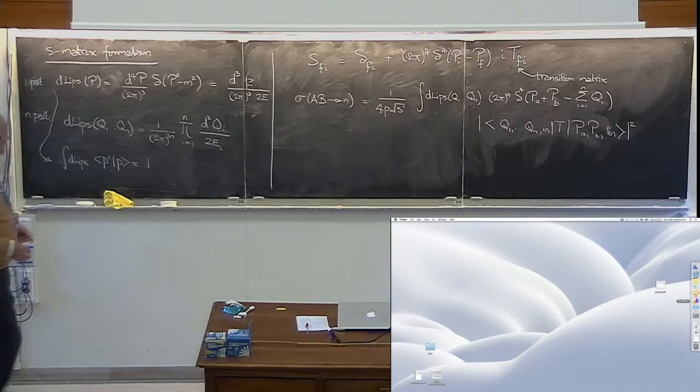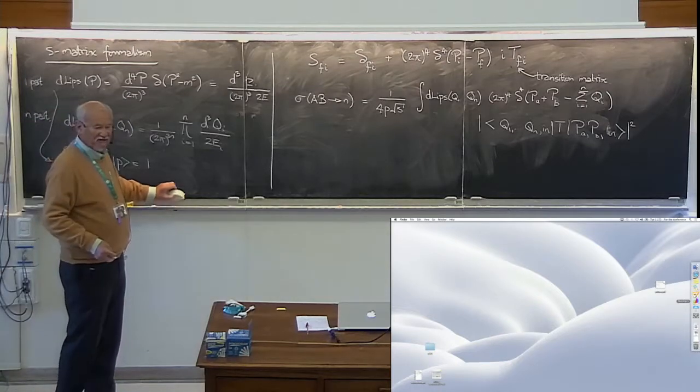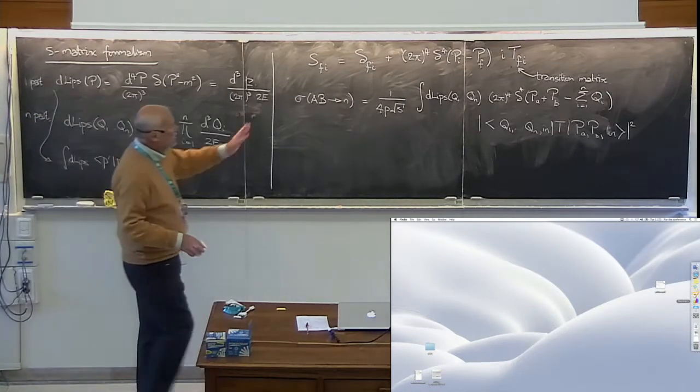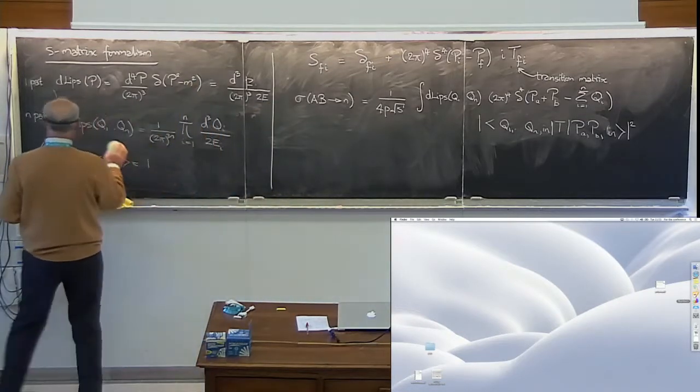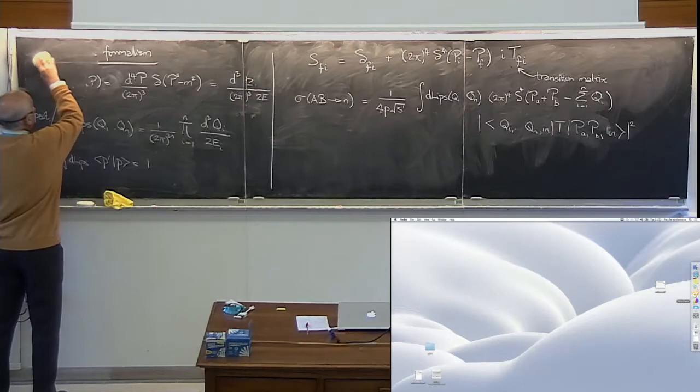Now, the S matrix is unitary, and this gives us a very important property which we can make use of. So let me erase this, then I can keep the formula that was there before.